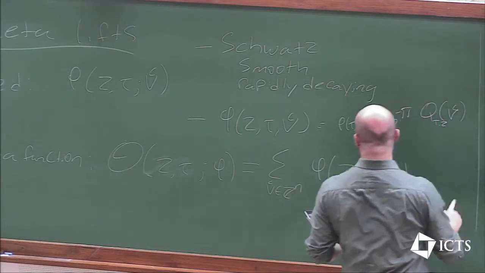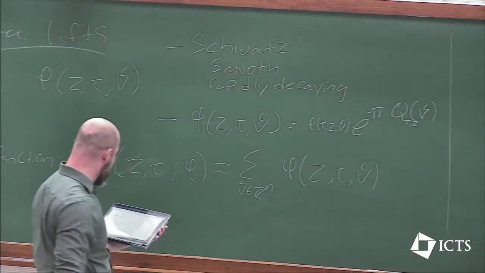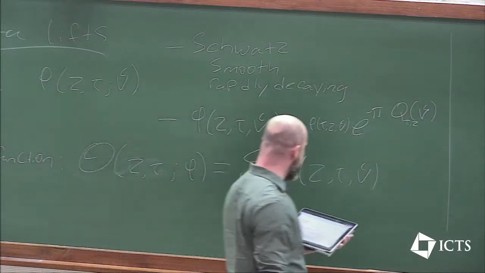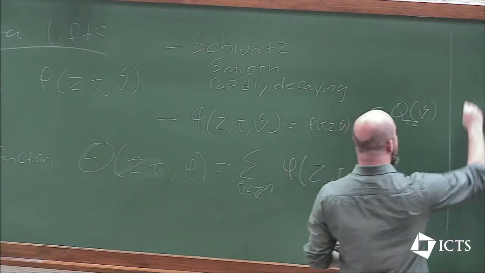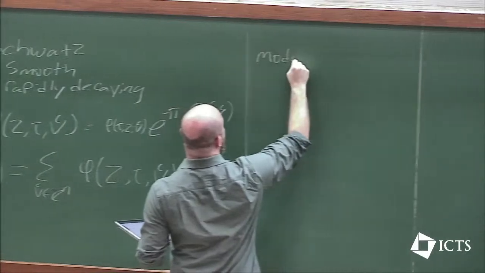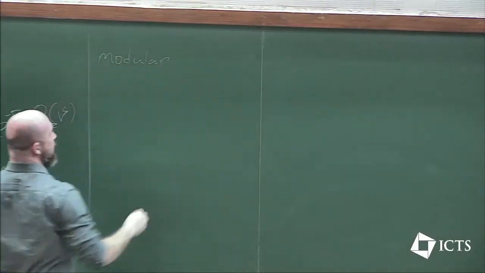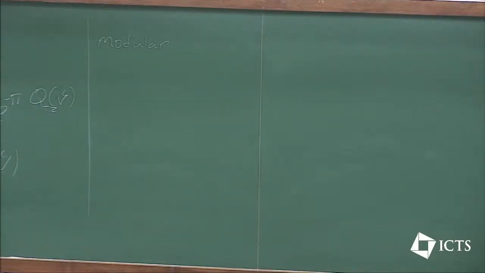But now there are other properties that we want for our theta function itself. Okay? Mainly, we would like this to be modular. Okay, so modular means not holomorphic or whatever, but that it's invariant under one of our slash operators.